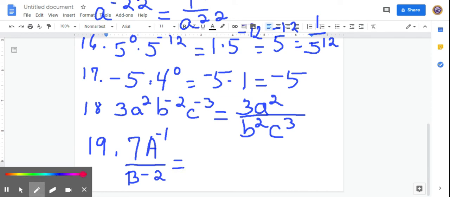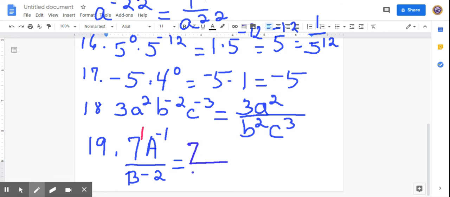Remember, the 7 has an exponent of 1. So that's not negative. So when you draw your fraction bar, that 7 is going to stay right where it is. The a is going to have to move down to become positive, and the b is going to have to move up to become positive. So you flip or take the reciprocal of the a and the b to make them positive exponents.